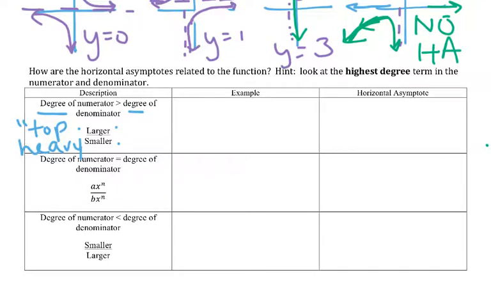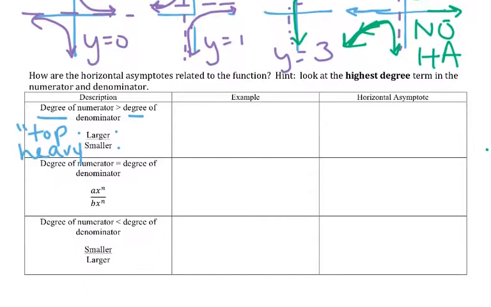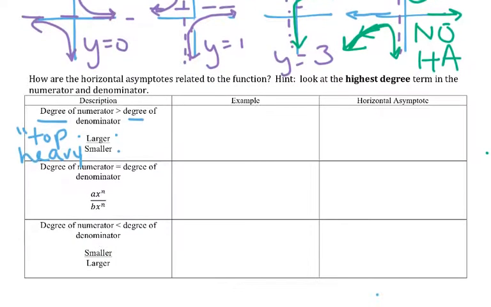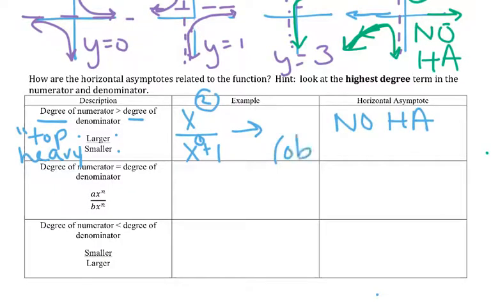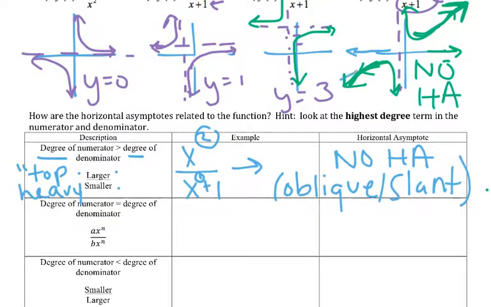An example of that would be D, x squared over x plus 1. The degree here is 2, the degree here is 1. So we will end up having no horizontal asymptote if our function is top-heavy. Instead, there's an oblique or slant asymptote. So in D, up above, the asymptote is actually the line y equals x.